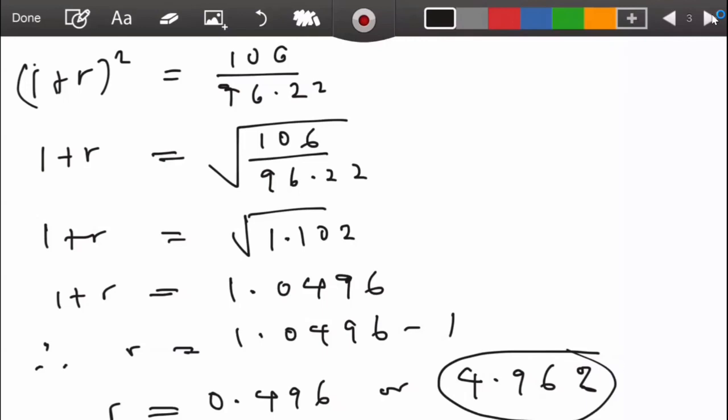Finally, we're looking at bond C. What is the information for bond C?